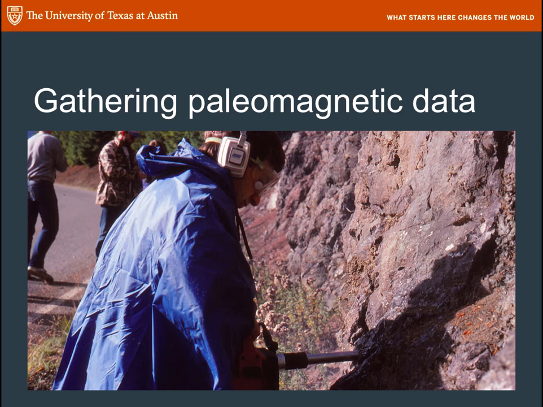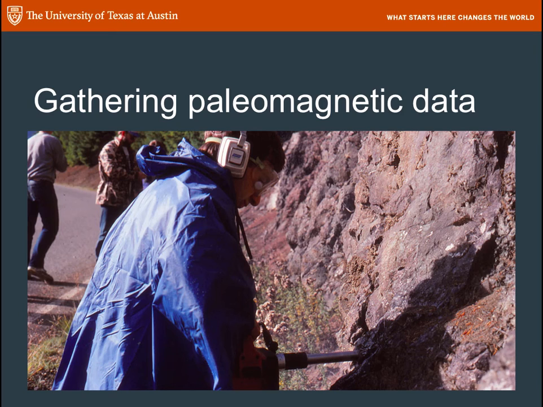Geoscientists use this for a lot of very interesting projects, one of which is to tell where continents were in the past. And we'll see that when we start to look at plate tectonics and the shape of the Earth over the years, that the continents have moved. The reason that we know that is that we can tell from a particular rock in a particular place where magnetic north was at the time that rock formed.